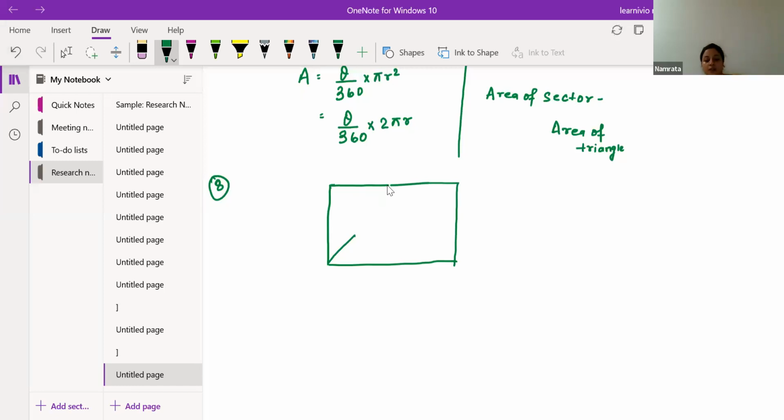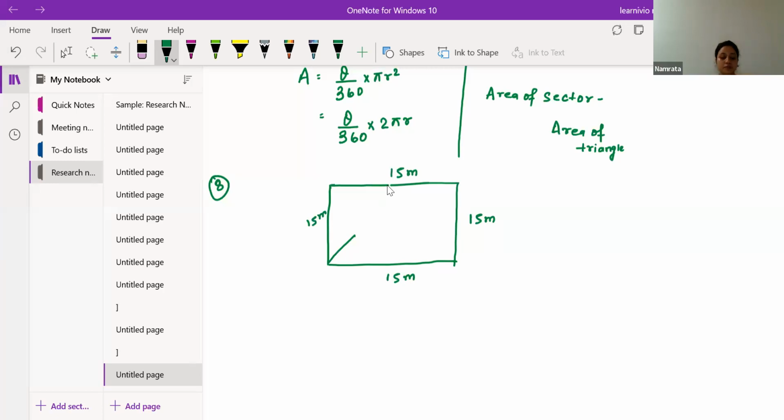Okay, let's say the horse is tied over here. Now you can see the picture in your book as well. It says the horse is tied to a peg at one corner of a square shaped grass field of side 15 meter. So the side of this square shaped grass field is 15 meter, 15 meter, here also 15 meter and then 15 meter.